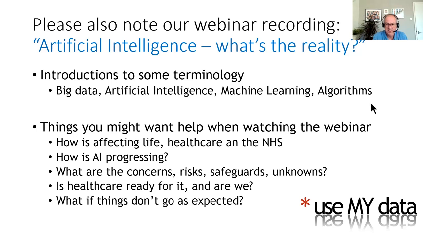And things you might find useful when you're watching the webinar back, or in various other things, such as reading articles in newspapers, including how it's affecting us now, how it's affecting the NHS, the healthcare, and some areas around risks and safeguards and unknowns that you might want to consider.